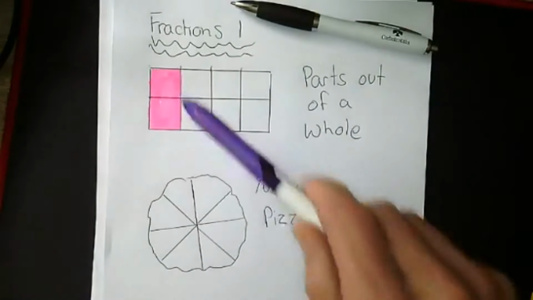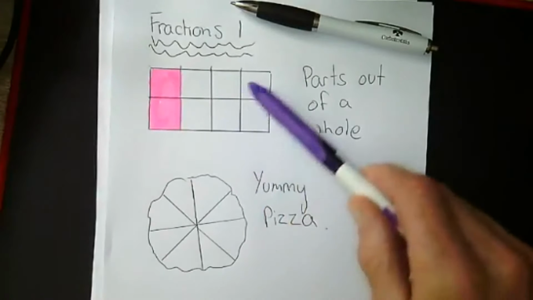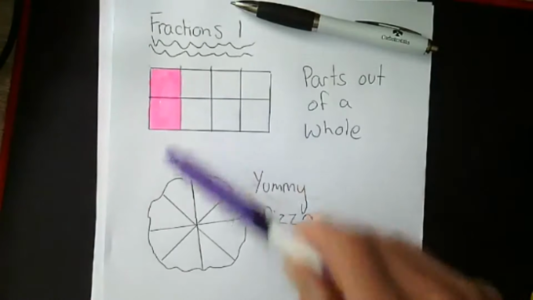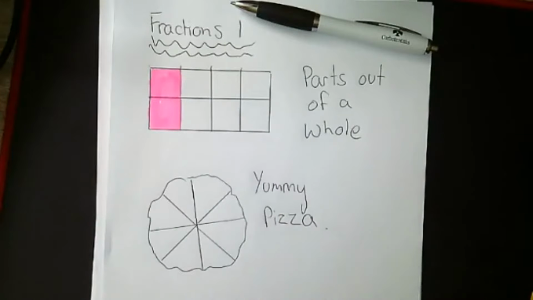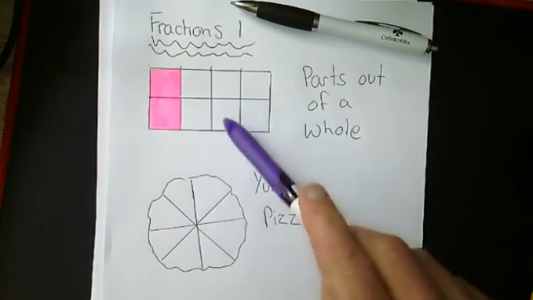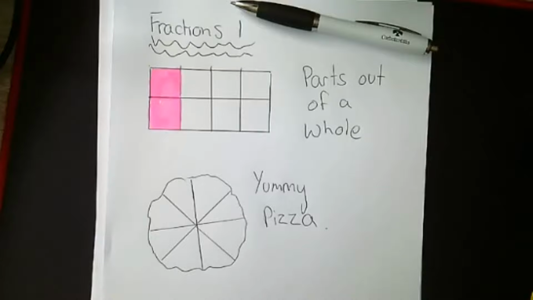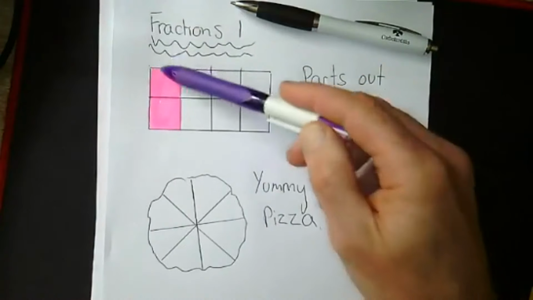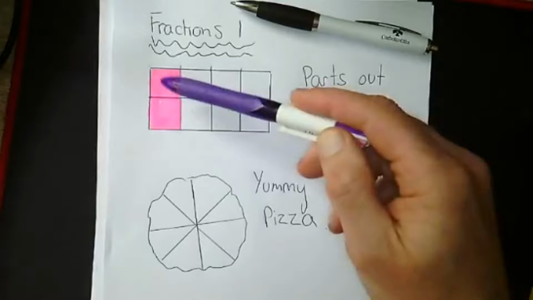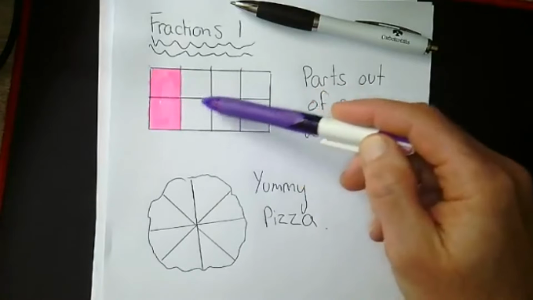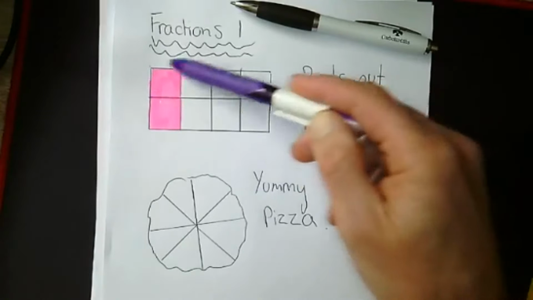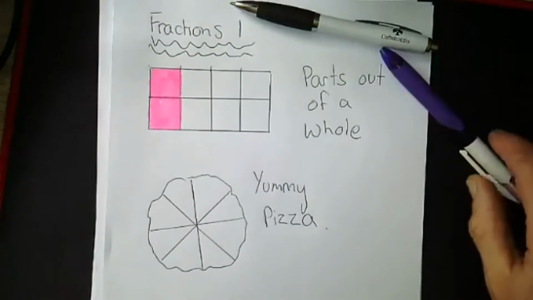Then we can see that we've split this shape into sections. The first thing to do when we're looking at fractions is to see how many sections we have all together. How many splits are there? How many areas are there within that shape? Looking at this, we've got a rectangle, and altogether we've got 1, 2, 3, 4, 5, 6, 7, 8. So there are 8 parts altogether.